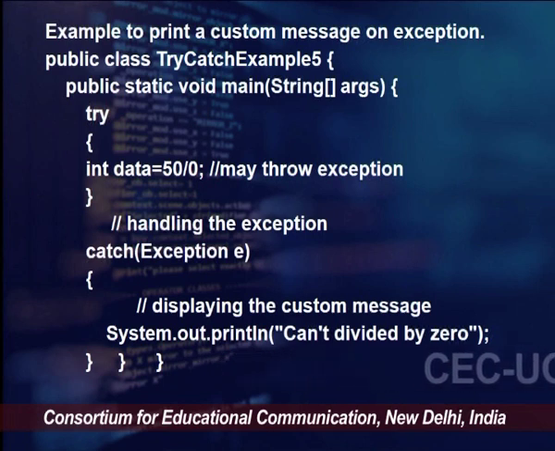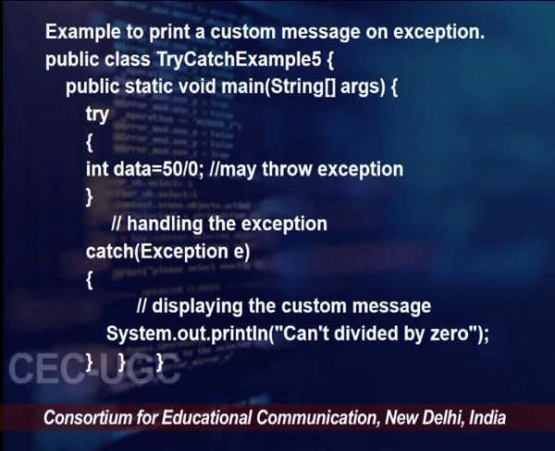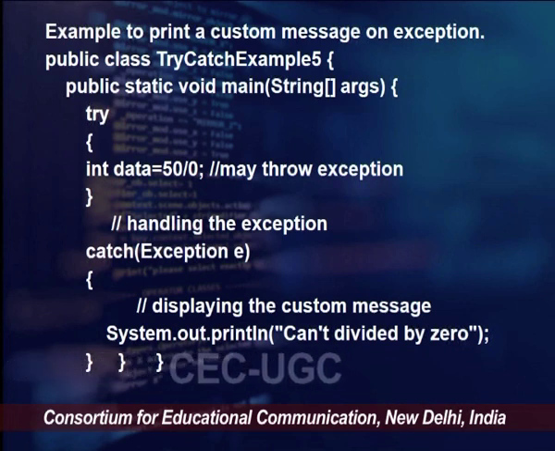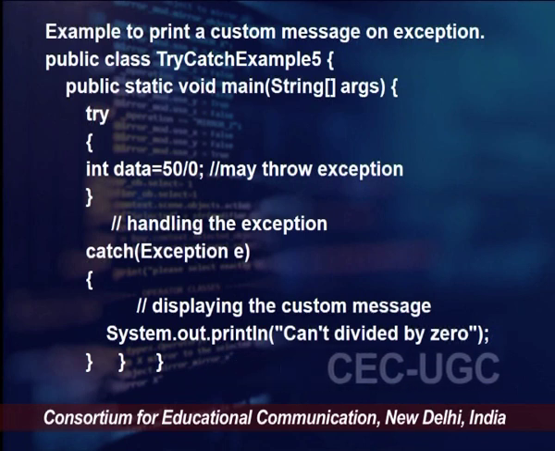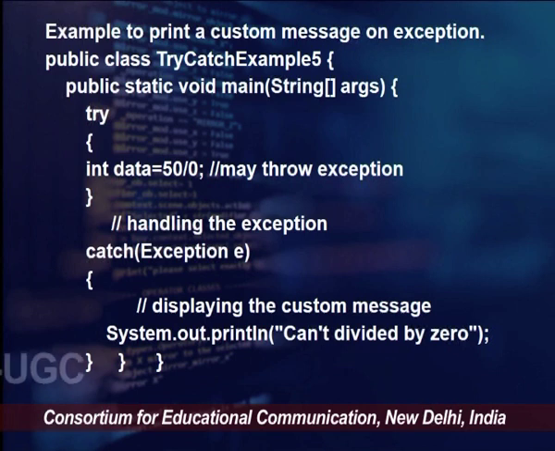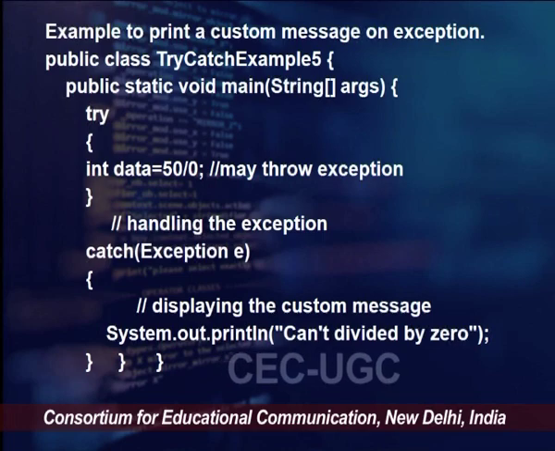But please notice what is written inside the catch block. Instead of saying system.out.println or print E, that means instead of printing the contents of the exception object, we are displaying a custom message here.